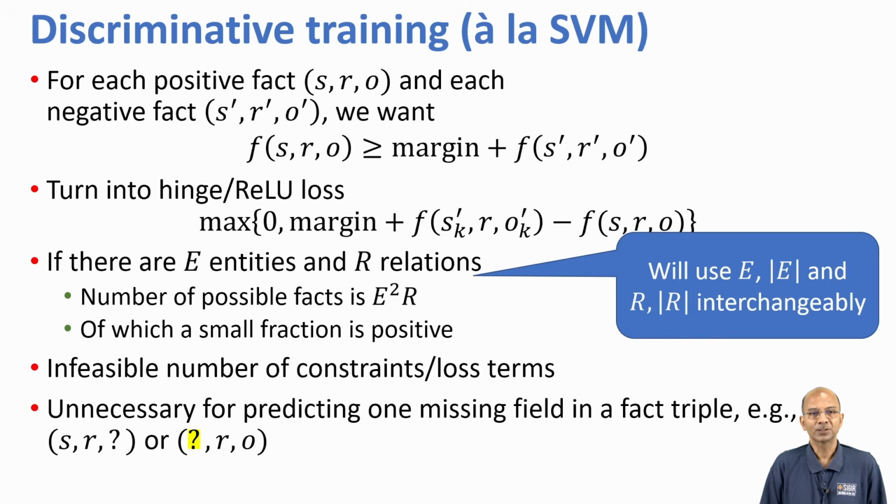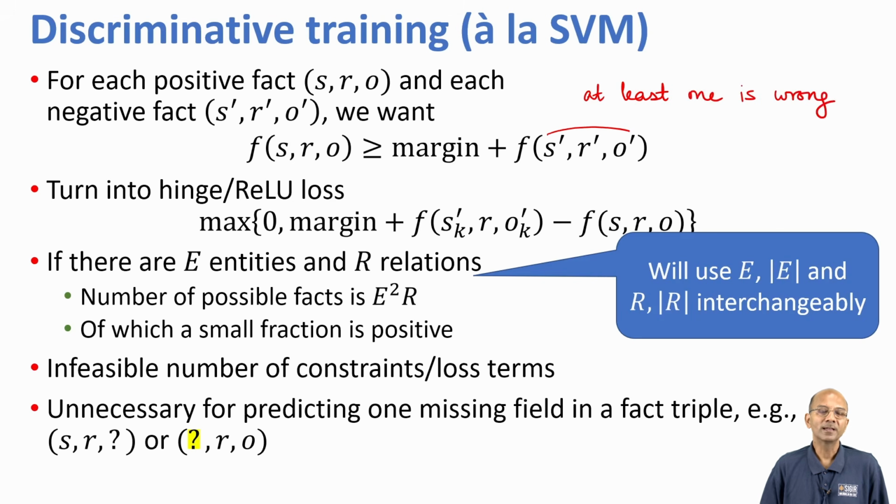The other approach is to not bother with probabilities at all. So instead of trying to shoehorn an expression for a probability using a softmax, we might say that, look, the positive fact has a score f of S, R, O, and any negative fact has a score of f of S prime, R prime, O prime. And the understanding is that at least one of them is wrong, and therefore the whole fact is wrong.